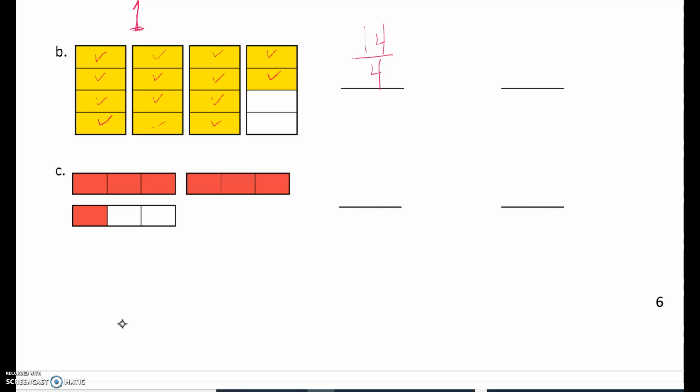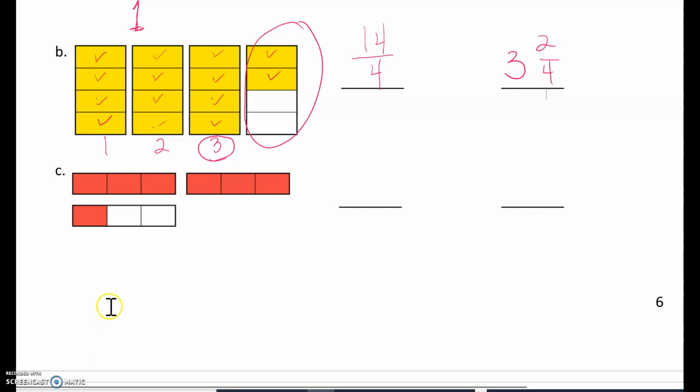Now my whole number, well, I have 1 whole, 2 whole, 3 whole. So I have 3 total. That's my whole number. And then my last one, I have 2 out of 4 being shaded in. That's what I have left. So try C by yourself, and then we'll check it.